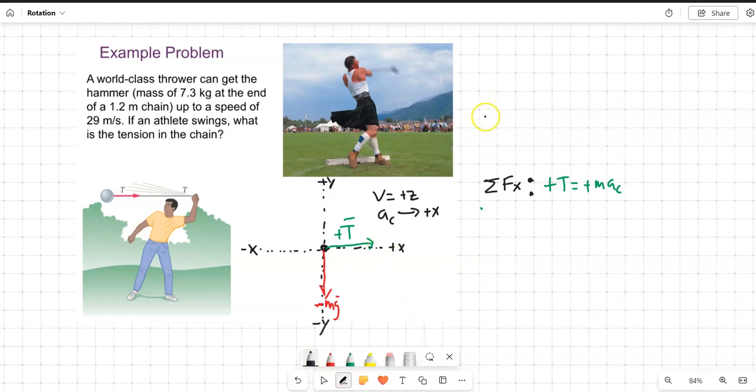In the y direction, you're going to have a negative mg force down, right? And this might not make any sense, but when we set that equal to mass times acceleration in the y direction, that acceleration is 0.